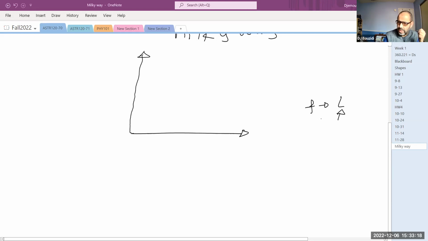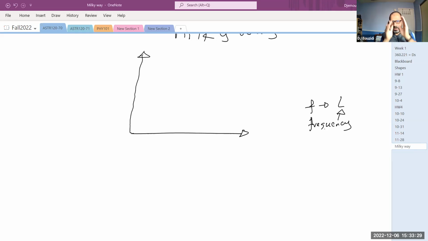If I know the frequency, all I have to do is look and see how the light changes, dims and brightens, dims and brightens. So I know how long it takes to do it per second, and that's what the frequency is.